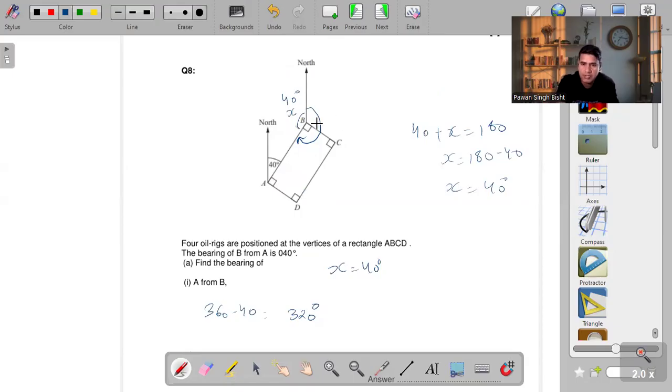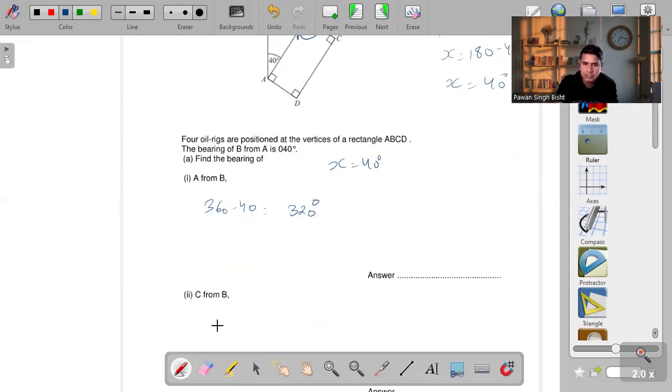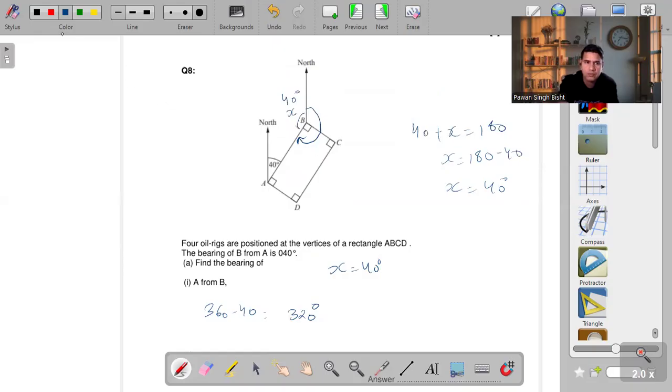So this though we already calculated. This is 40, this is 90. So you can find the bearing of C from B. Bearing of C, 360 minus 90 minus 40. Because bearing of C from B is only this one, the red one.